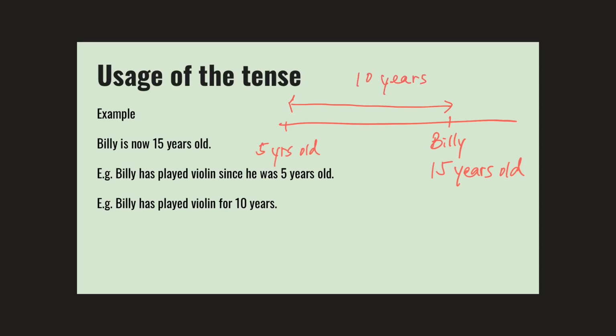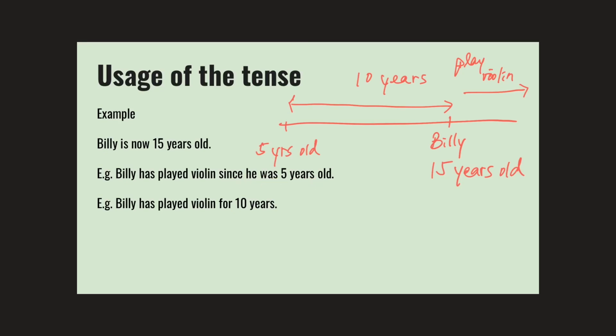All right. And he continues to play violin. Right. So example 1: Billy has played violin since he was 5 years old.